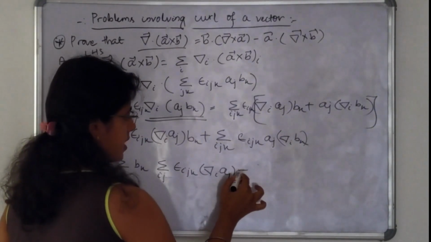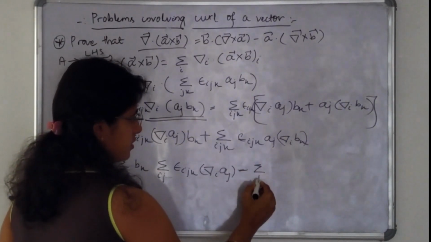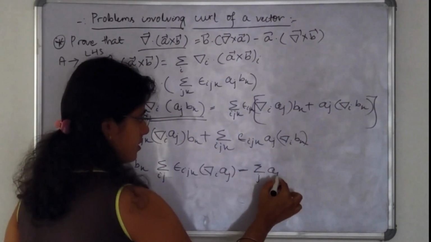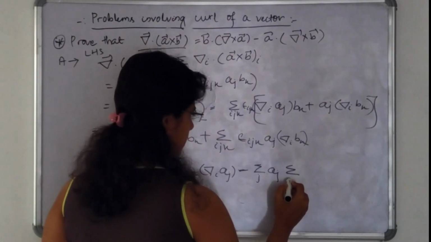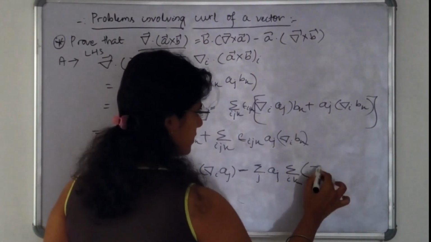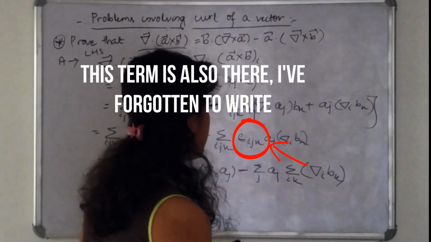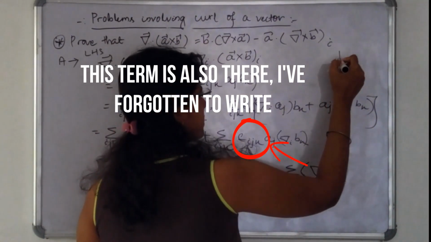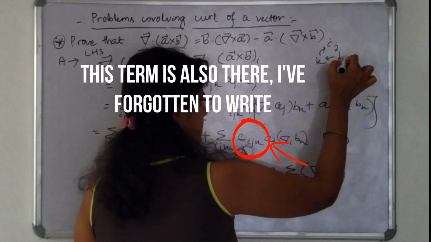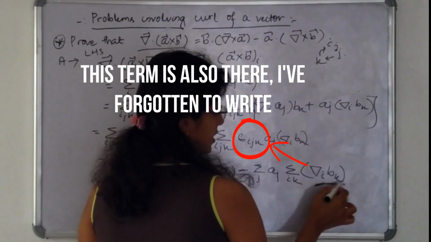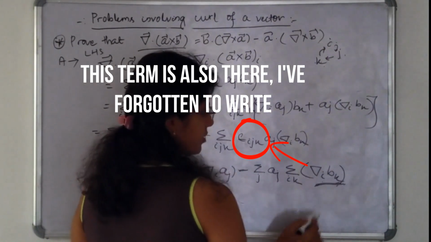So this is minus because we have to take here summation over j a_j, and then this thing is epsilon_ikj and this thing is del_i b_k. So we have to put minus here because we know that this is the cycle we follow, that is i j, j k, k i, but you can see that it is not k i but it is i into k.